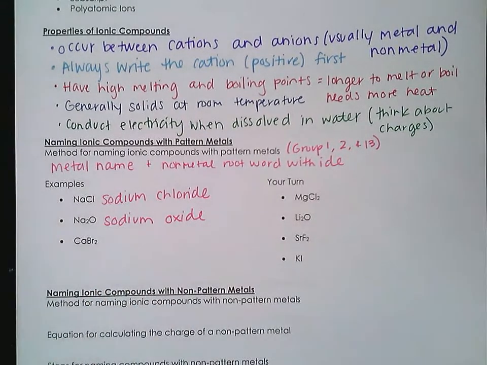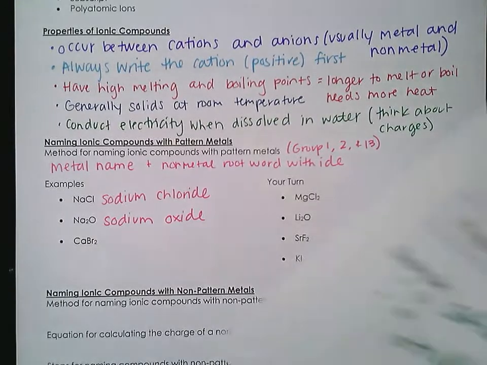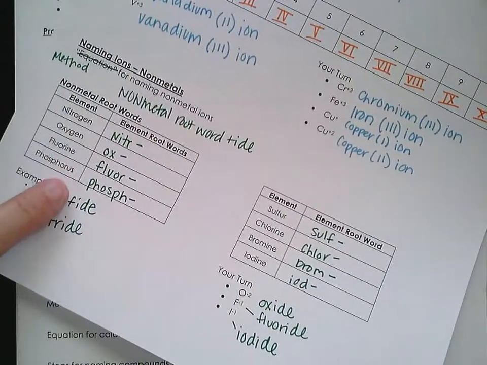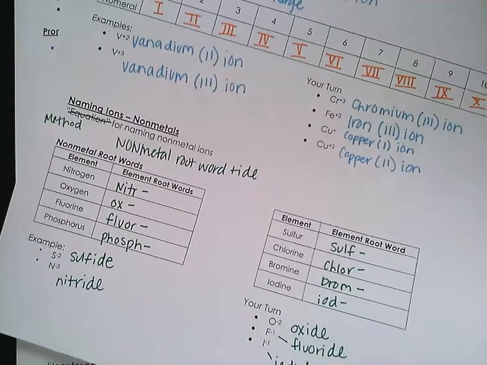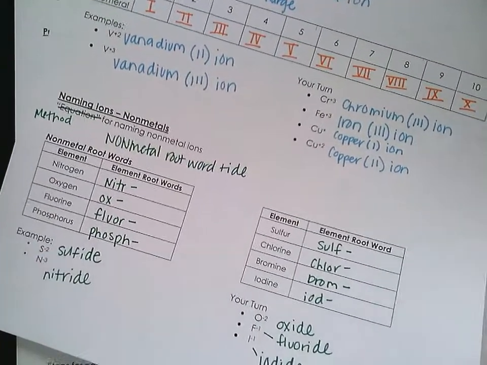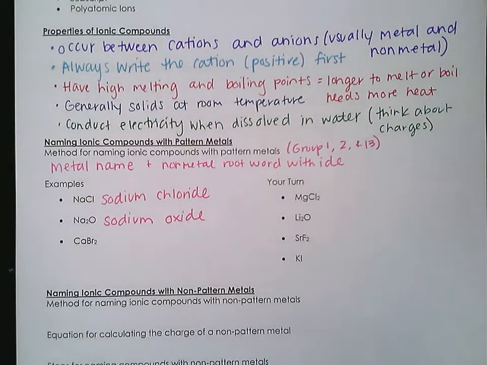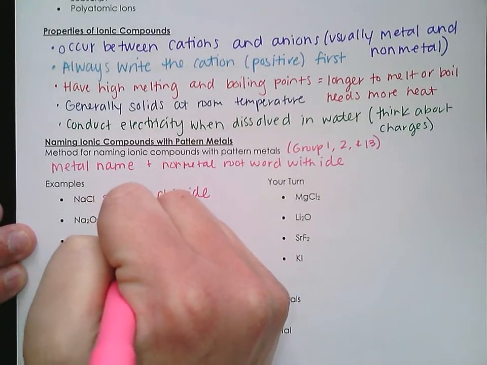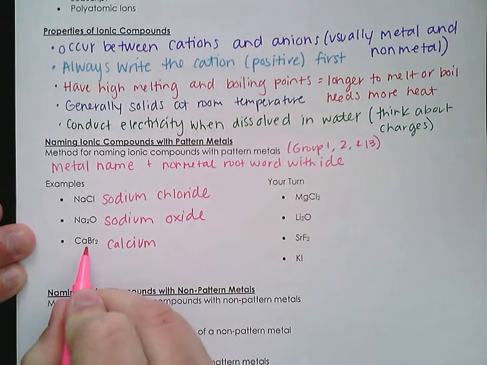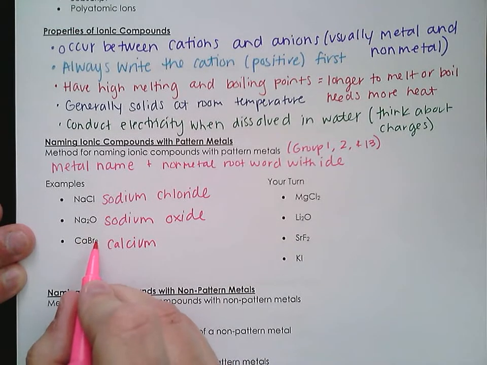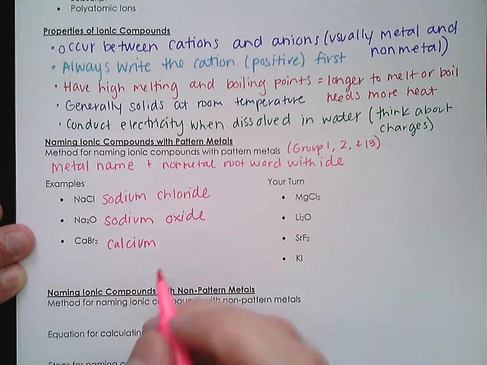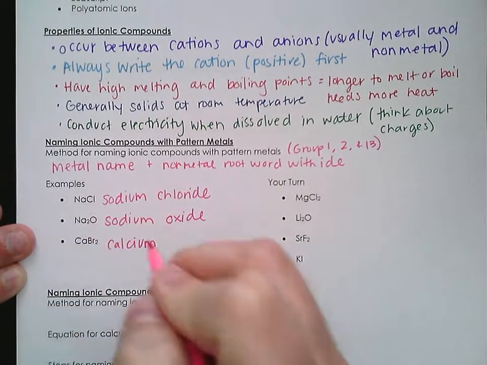If you need to remember your root words, flash back to that last section where we did our nonmetal naming of our ions, and that's going to help you out with that. Ca is calcium. Bromide. We're doing our root word plus IDE. So my bromine becomes bromide.